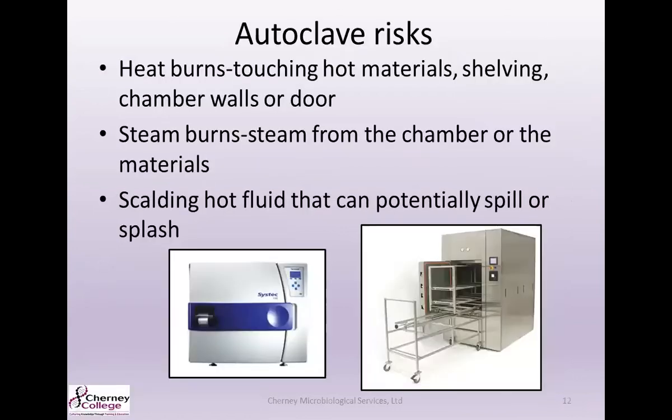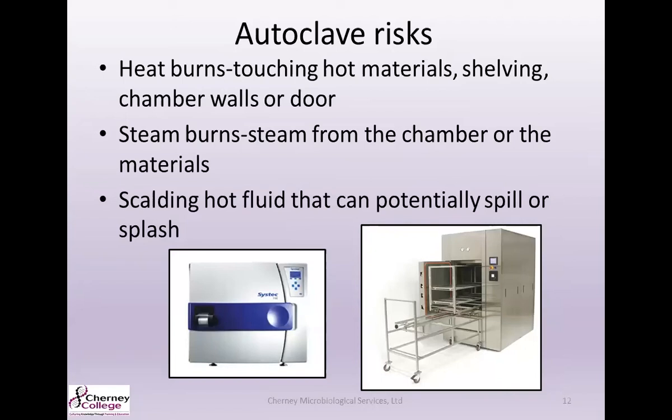Also going over autoclave risks. One of the most dangerous pieces of equipment in the lab is the autoclave. It can cause burns due to heat, but also from steam. To avoid those steam burns, the best practice is to just face away from the unit and crack open the door and slowly let the steam out. Make sure that you are careful when disposing of hot autoclaved material.